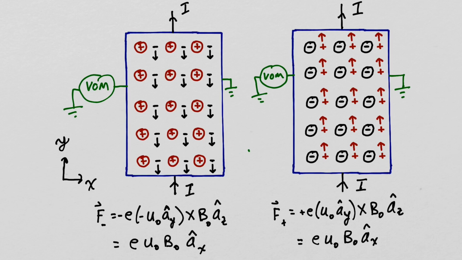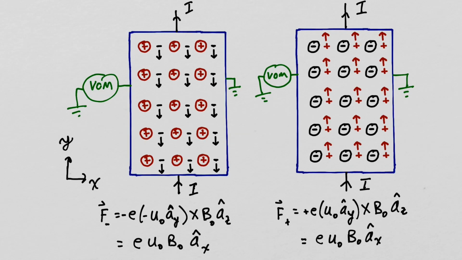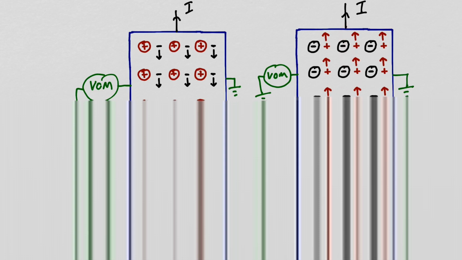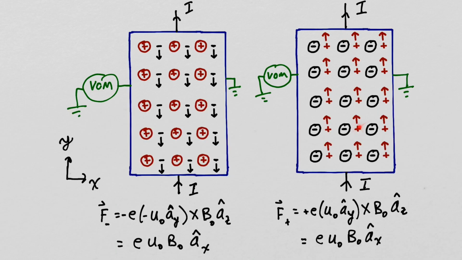If the current were due to the motion of positive charges, a current flowing in the y direction would be due to positive charges flowing in the y direction, so the velocity of those charges will be u sub 0 in the y direction.